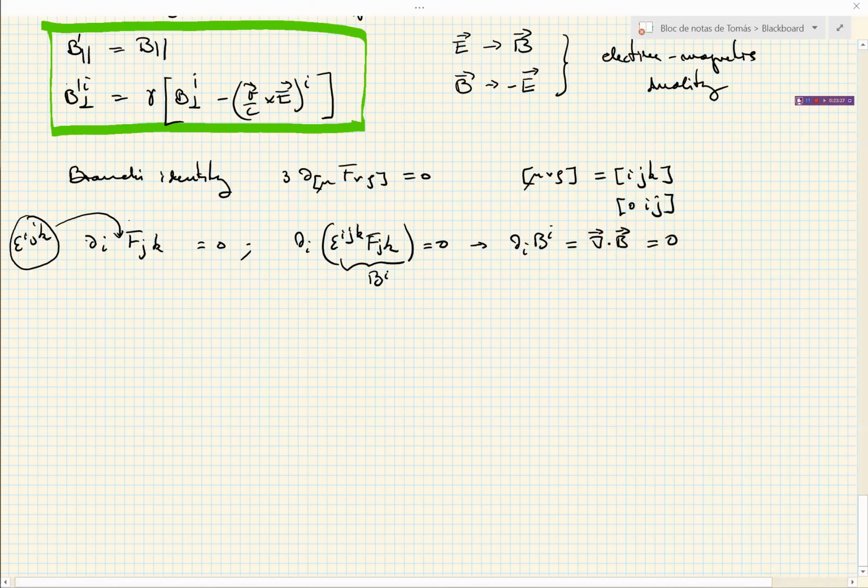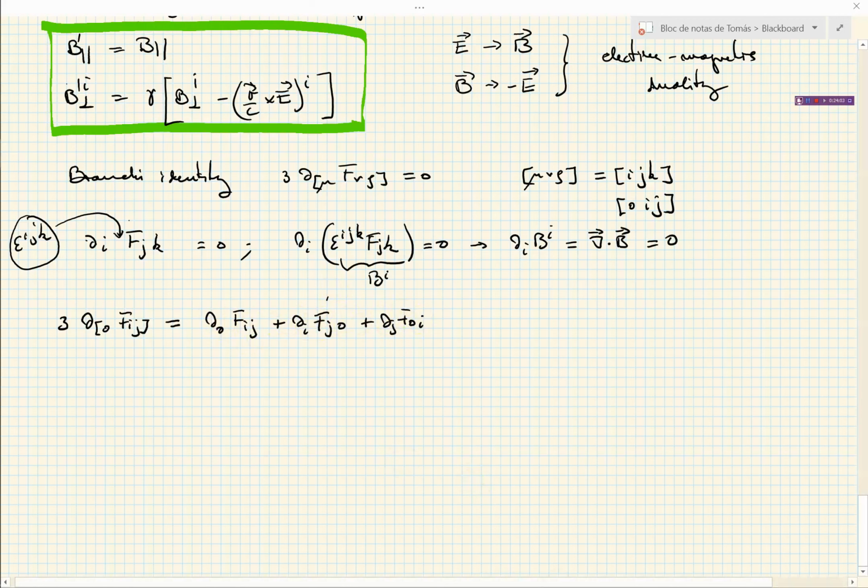The other, for the other choice of indices, we have 3 times the expansion of this antisymmetrizer, and this is the derivative with respect to 0 of F_ij plus partial i F_j0 plus partial j F_0i.